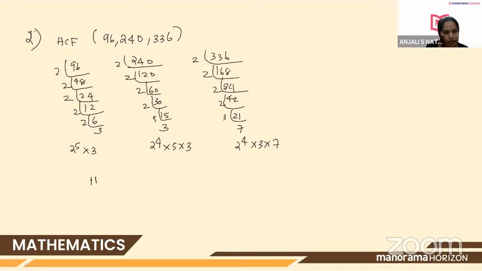So what is the HCF of 96, 240, 336? Taking the common factors with the lowest power: first is 2 raised to 4, and another common factor is 3 with lowest power 1.